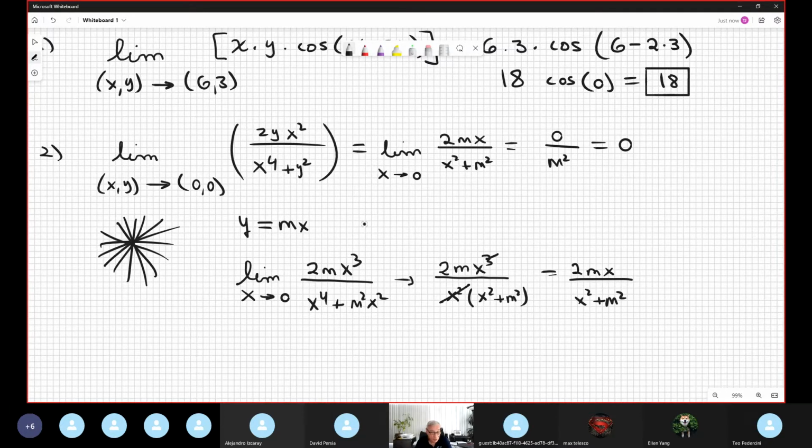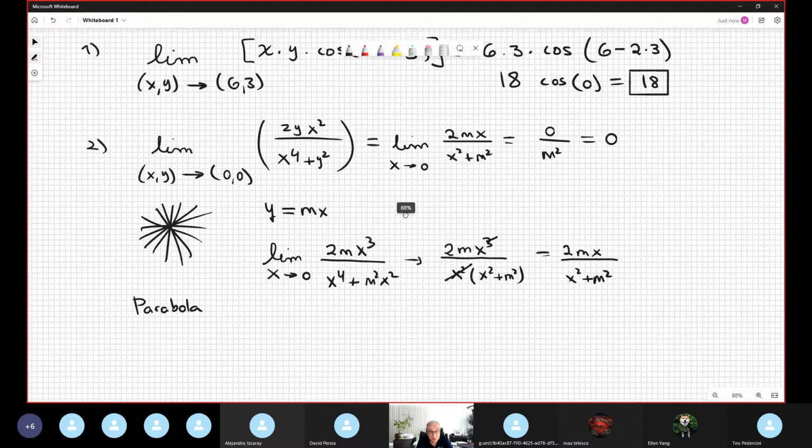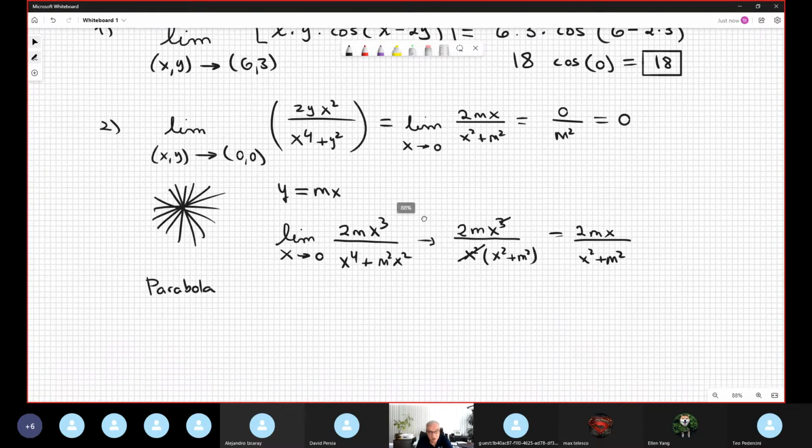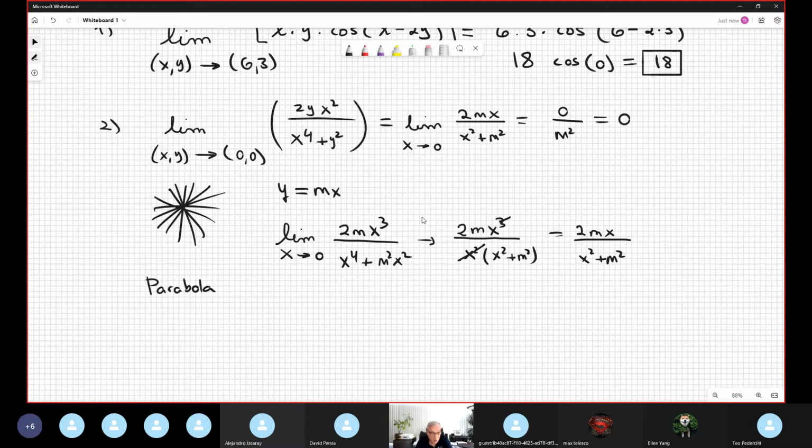However, I need to try for the parabola. Or not necessarily parabola, another curve. See, at least one curve failed, so you prove that the limit does not exist. And this is the objective of this question. Okay, why the parabola?